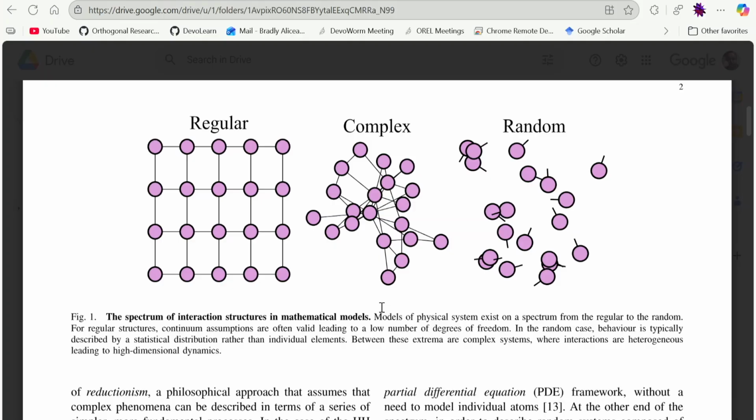And the connections are uniform, so even the connectivity is the same across the lattice. And then random, of course, is the opposite of that, which is where you have random positions. The connections in the lattice are of different lengths, and the cells are all heterogeneous, meaning they have different behaviors.